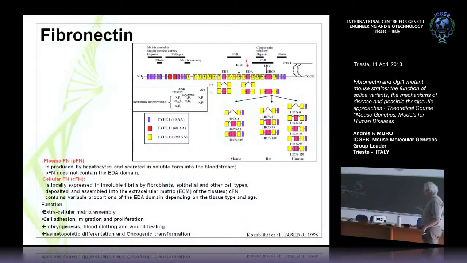And it has many functions. It has been determined, in most cases in vitro, that it participates in cell adhesion, extracellular matrix assembly, embryogenesis, blood clotting, wound healing, and oncogenic transformation, and other processes.